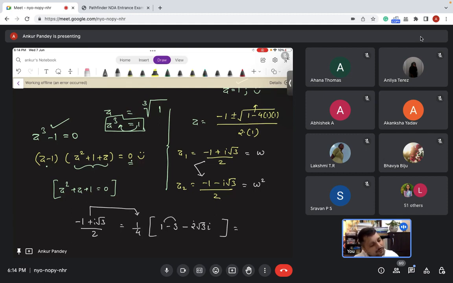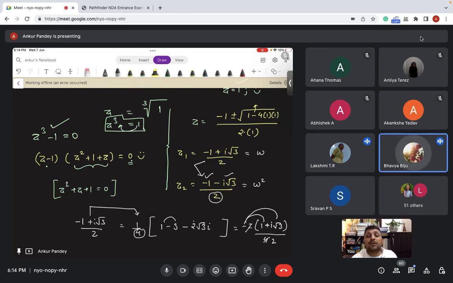Minus 2 common, bracket, 1 plus i root 3, whole by 4. 2 and 2 cancel. See, minus 1 minus i root 3, whole divided by 2. Understood?